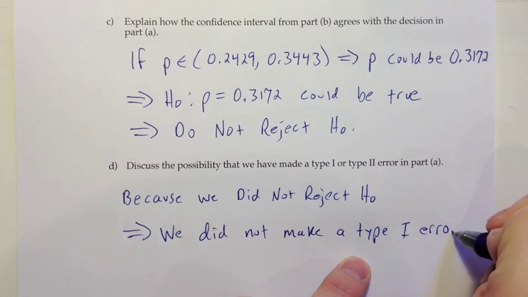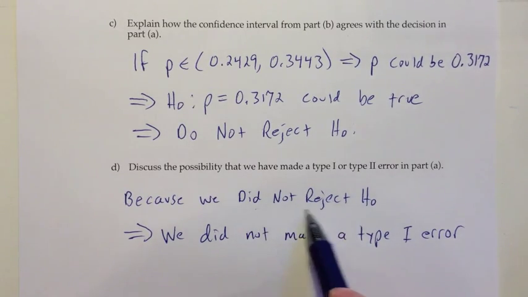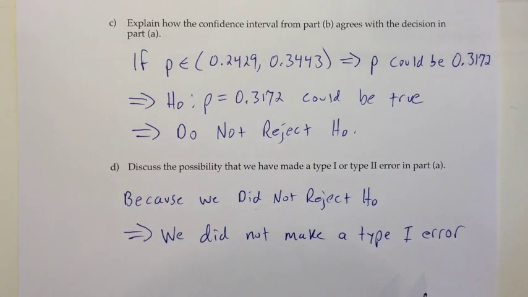And I can say that with complete confidence because a type 1 error is rejecting H0 when it is in fact true. It's impossible to make a type 1 error when your decision was to not reject H0. So a type 1 error is off the table.